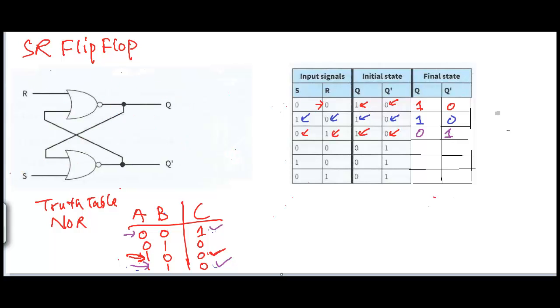So let's go to the next state. Okay, this time we have Q as 0 and Q bar as 1. So Q is 0, Q bar is 1, and S is 0. So S is 0, and R is also 0. Let's see what happens.